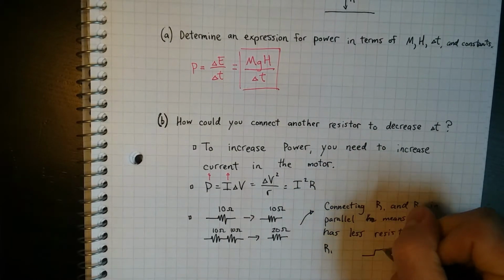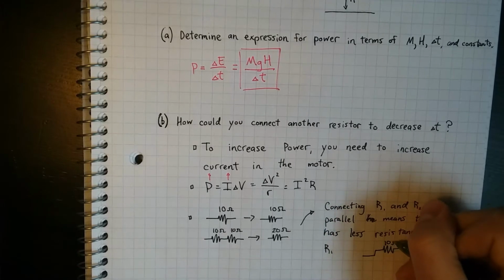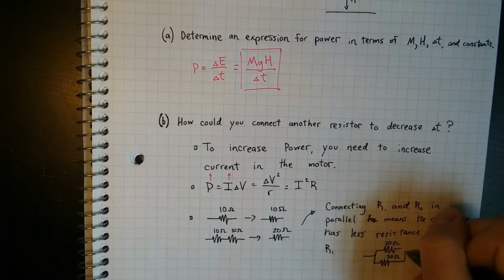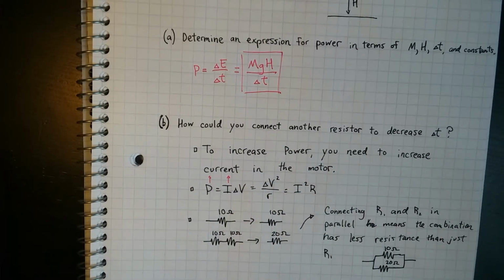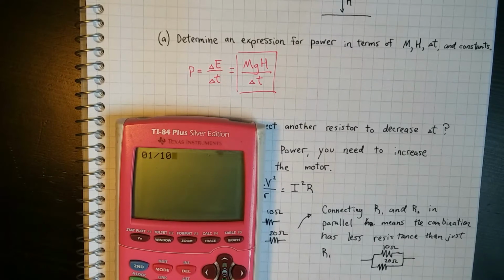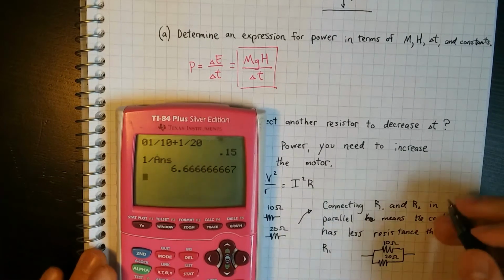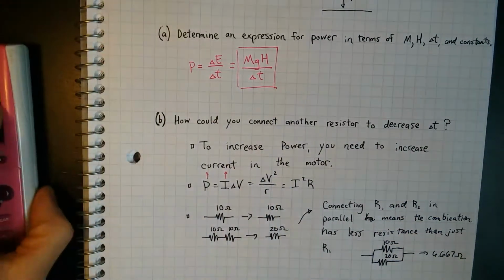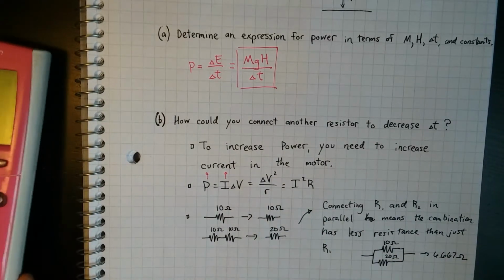Let's say it was a 10 ohm resistor and a 20 ohm resistor in parallel. Well, the equivalent resistance to them, I can calculate. 1 over 10 plus 1 over 20, 1 over that is 6.67 ohms, less than the total resistance of just the 10 ohm resistor.